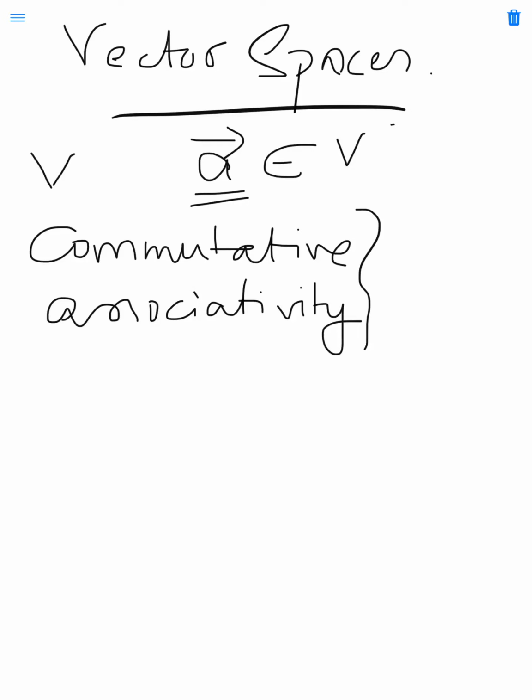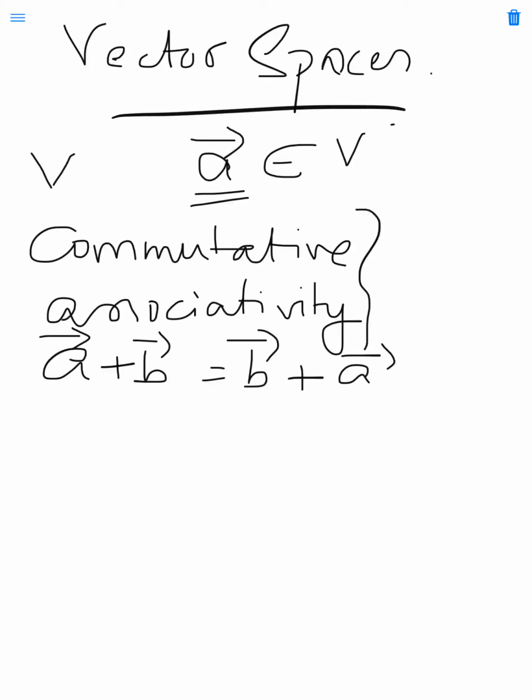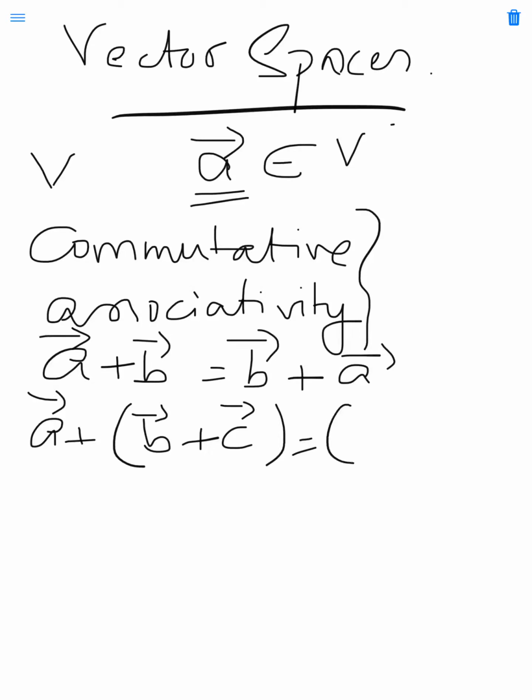So how will it be represented? A plus B vectors addition will be like B plus A. Also, A plus B plus C will be equal to A plus B plus C, grouped differently. So it will be satisfying these two properties: first is commutative, second is associativity.